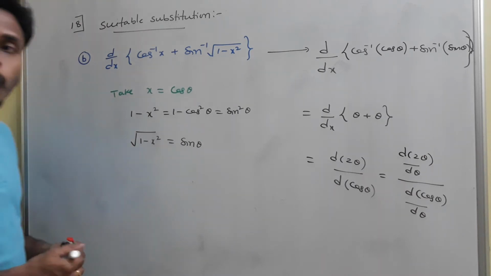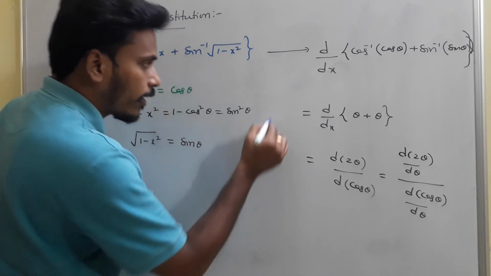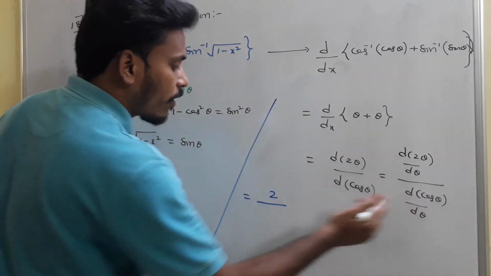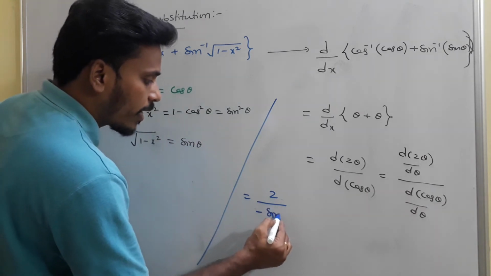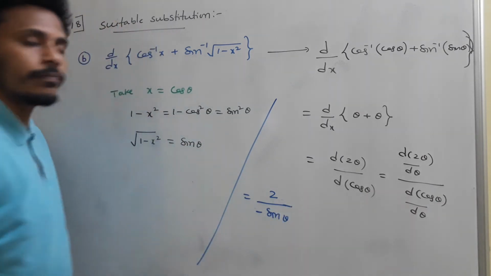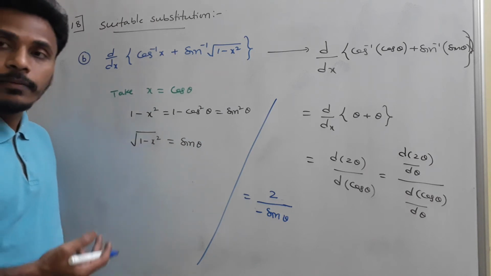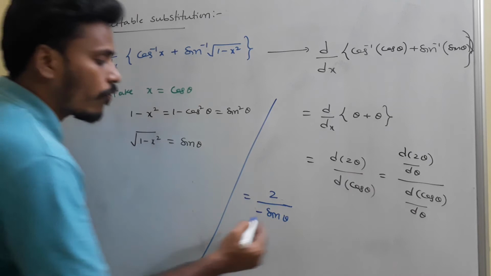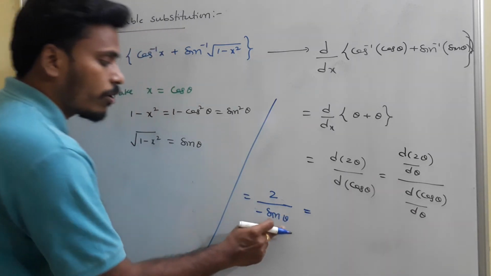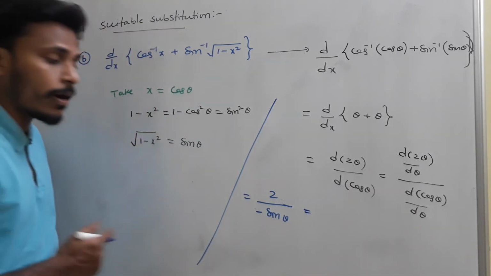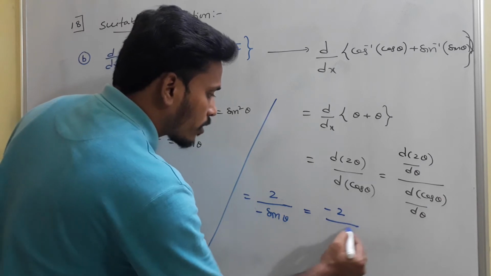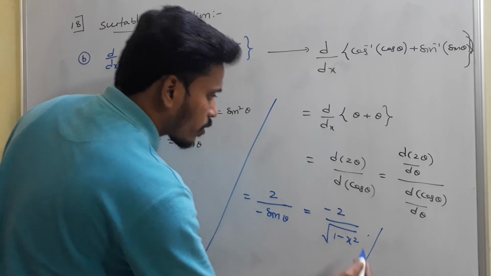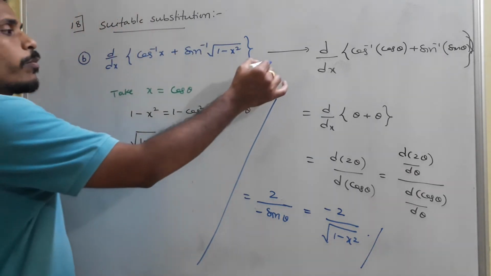So derivative of 2 theta with respect to theta is 2, whereas derivative of cos theta with respect to theta is minus sin theta. Okay, what is sin theta? Since cos theta is x, sin theta is root of 1 minus x square. So you just replace this sin theta with this root of 1 minus x square. So at the end your answer is minus 2 by root of 1 minus x square.